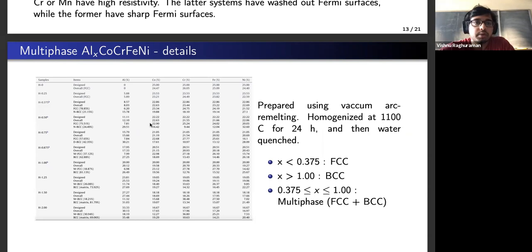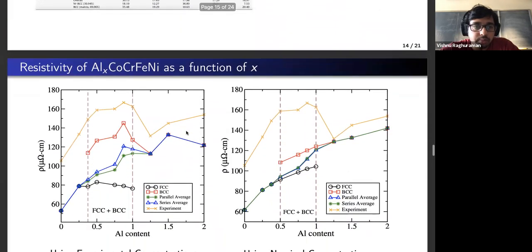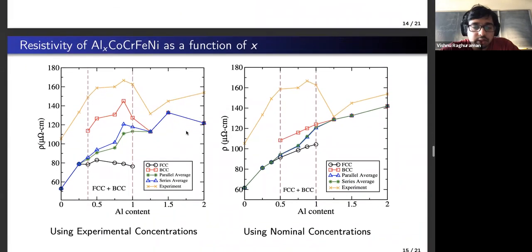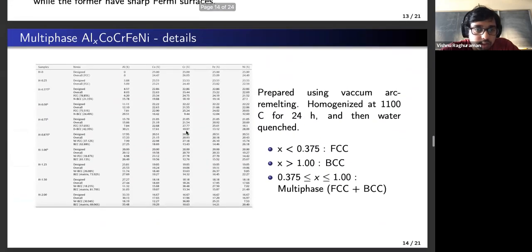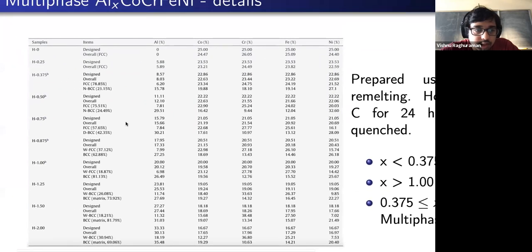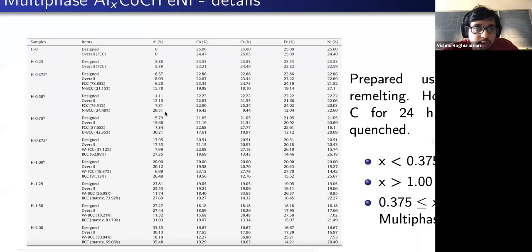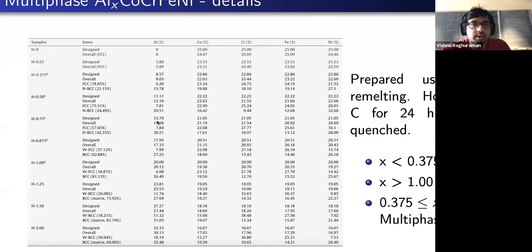So we wanted to study from first principles what the resistivity would look like for this system. So we did two examples. I should go back first. An interesting thing here is that even though the aluminum is designed to be at a certain concentration for any of these samples, the actual experimental concentrations for the FCC and BCC are different.